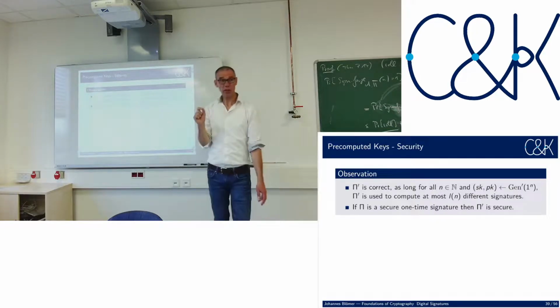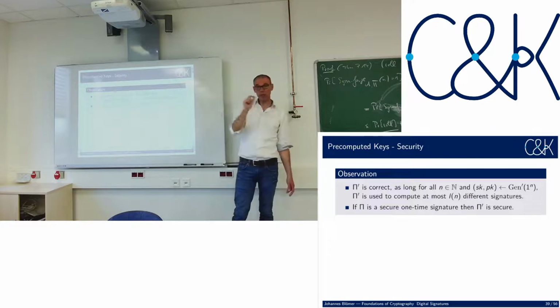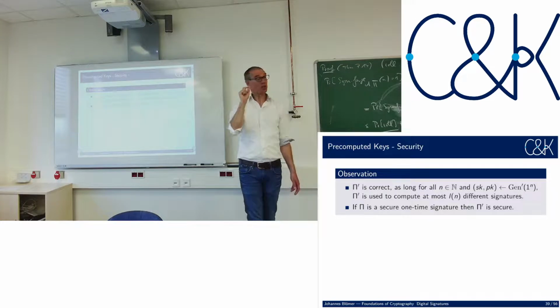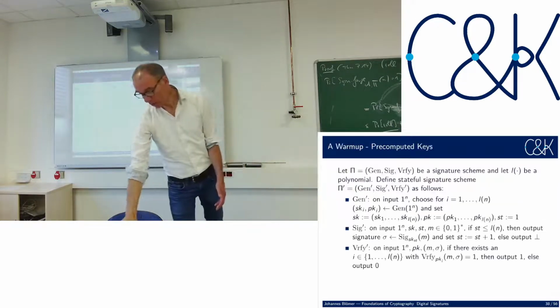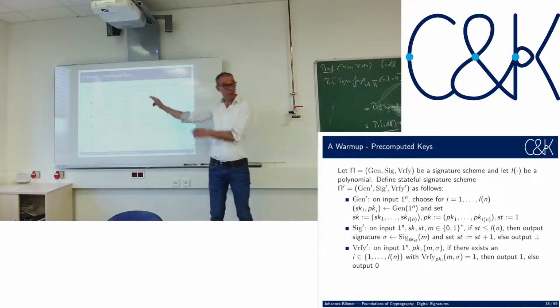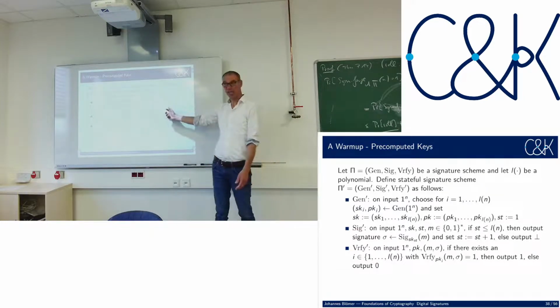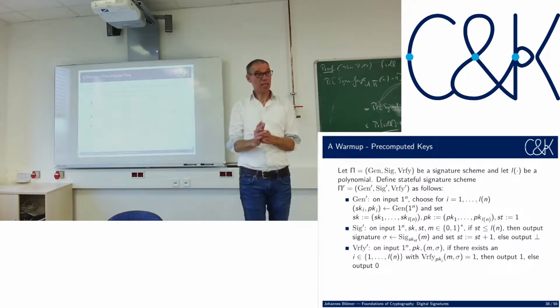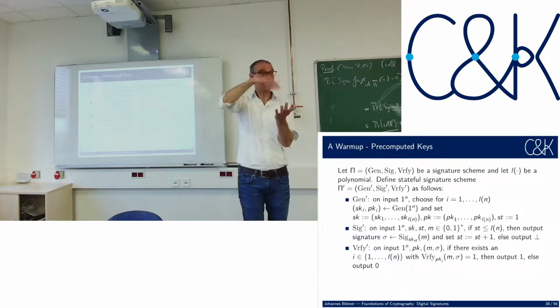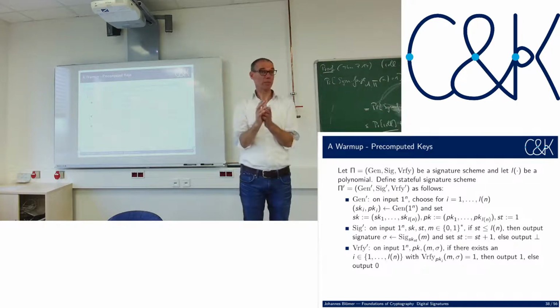Now the interesting thing is every secret key is used to sign just a single message, by construction. Hence, if my original scheme is a one-time signature, then this is a secure signature scheme, because I guaranteed that I only use every secret key from pi just once.